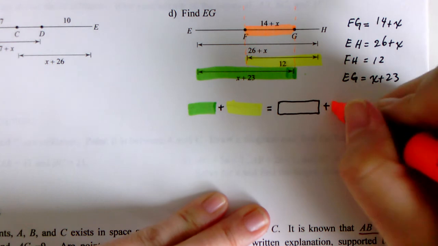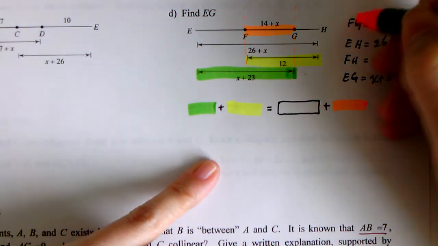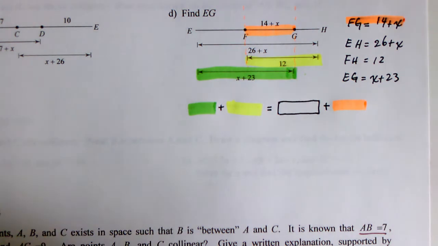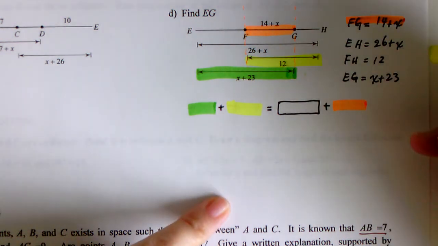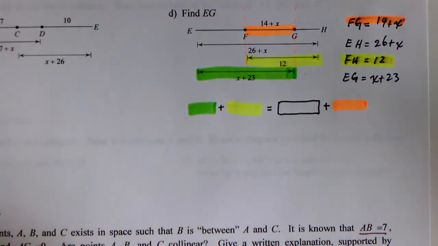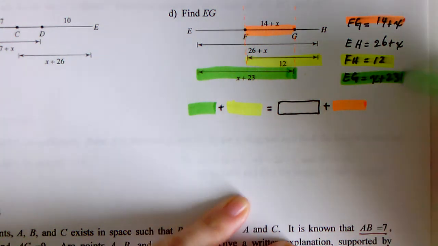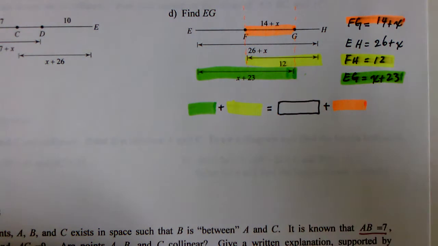The orange piece. Now, the orange piece is FG, the yellow piece is FH, and then we have EG, which is the green section. I tried to color code it for everybody right here on the side.